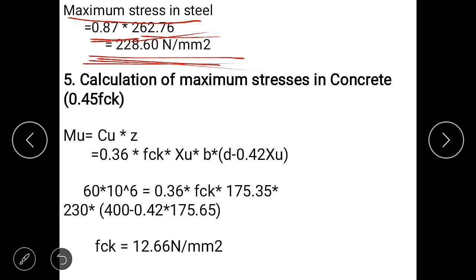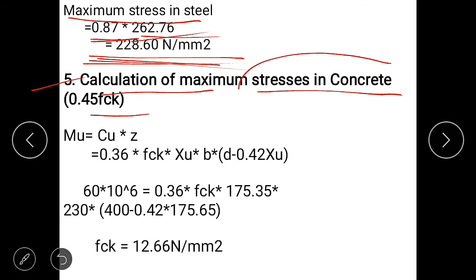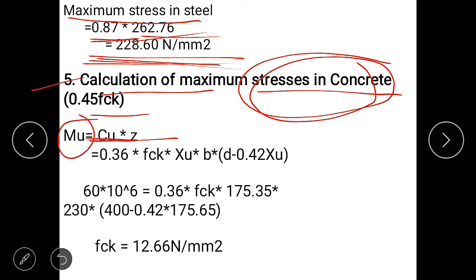Now we have to calculate the maximum stress in concrete, 0.45 fck. To calculate the stress in concrete, the formula is Mu equals Cu into z.